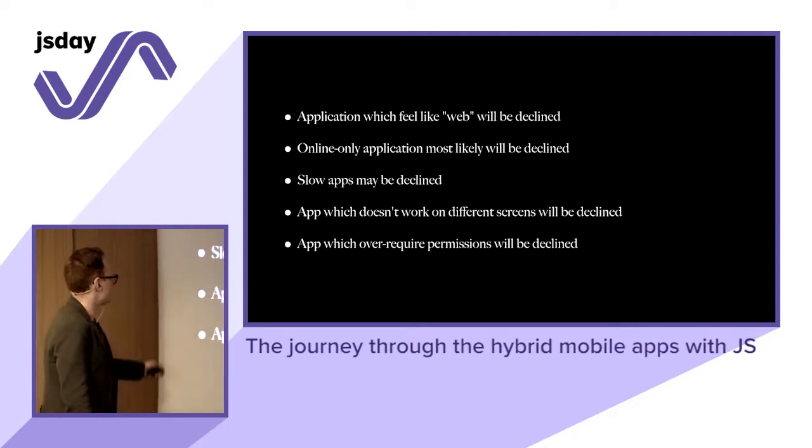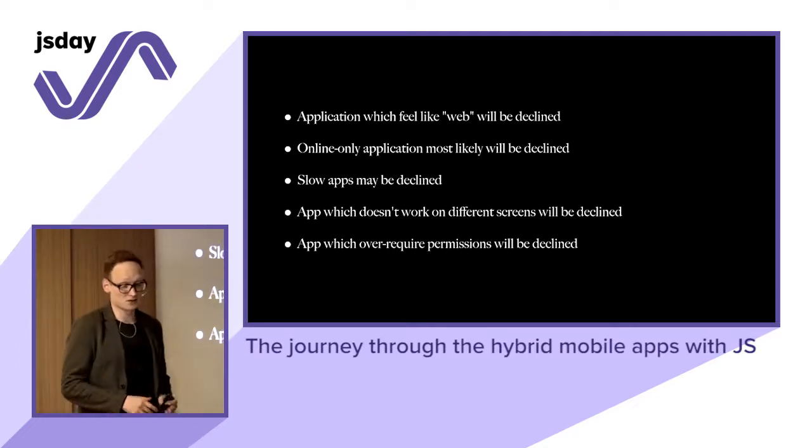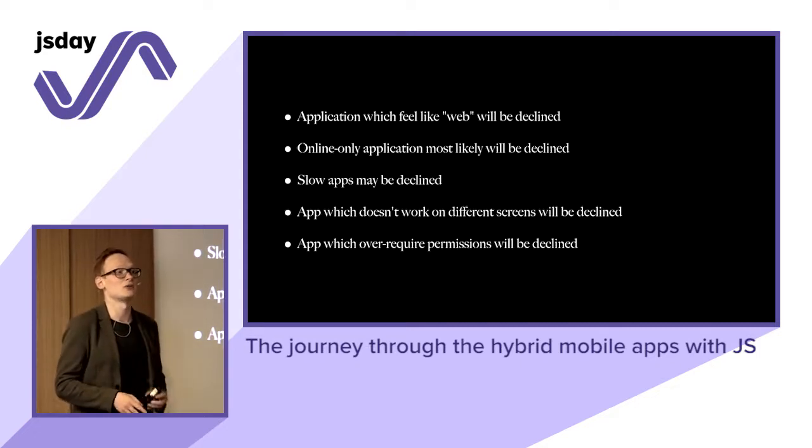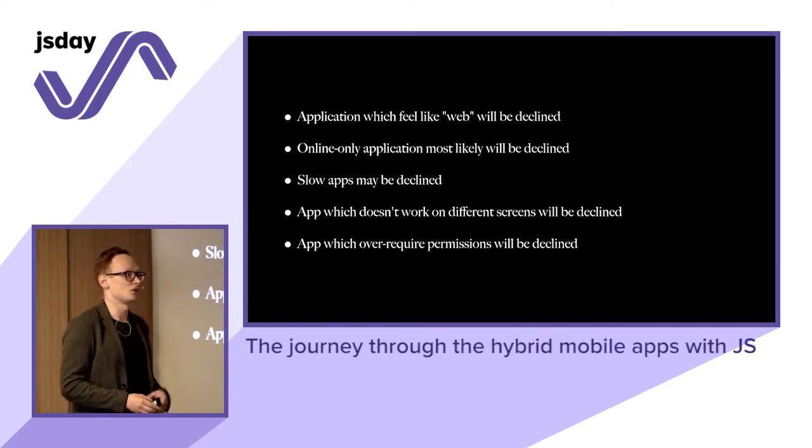And one bullet I forgot to add here: for example, you are doing a Cordova application, and you have a couple of ways to get your location. You can call the Android API and request location, or you can try to call the HTML API and request location.